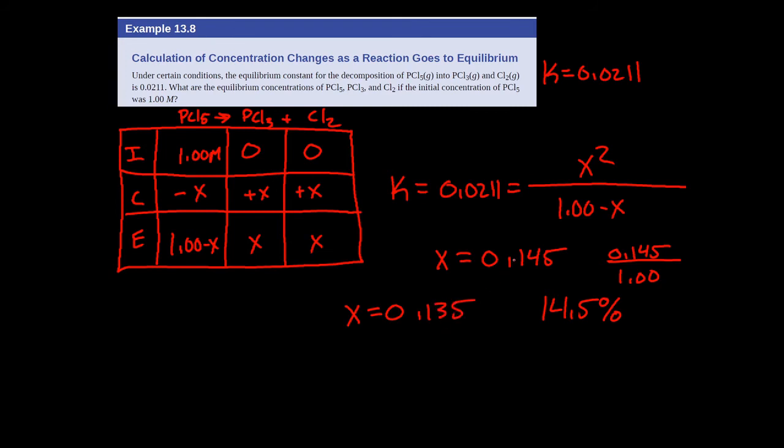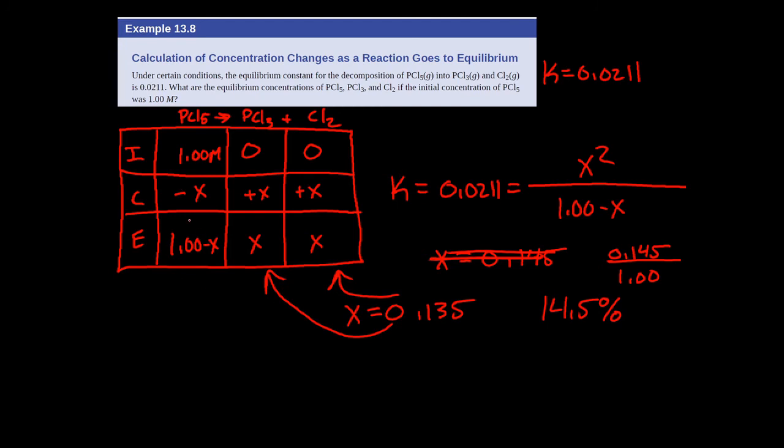So that's a definite difference between the x that I got making the assumption and the x that I got without making the assumption. So again, that's bad x. Now I'm ready to give my final answer. The question asked, what are the equilibrium concentrations of all three of those? Well, this is the concentration of those two.